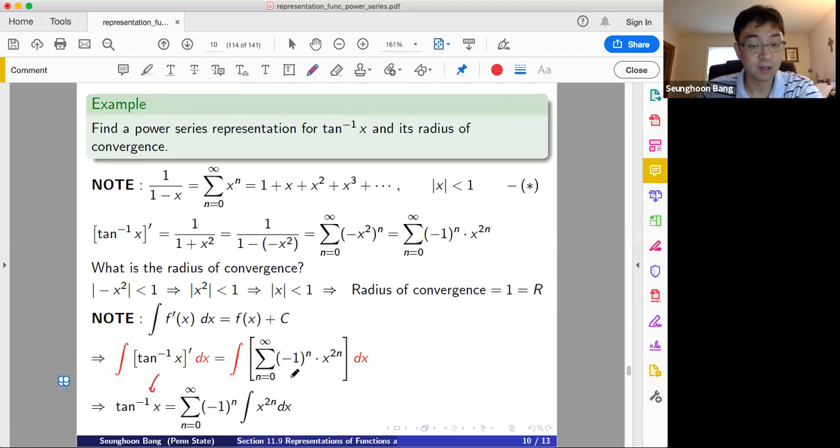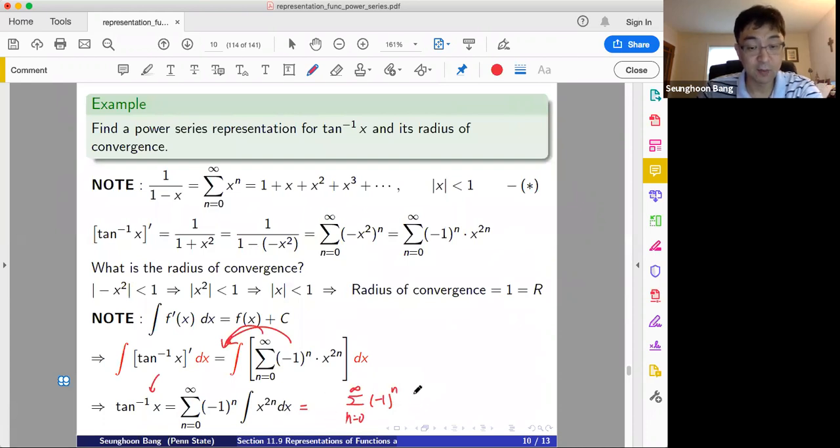Next, take out the summation and the coefficient: the summation from n equal to 0 to infinity of minus 1 to the n times the integral of x to the 2n. The same as the summation n equal 0 to infinity of minus 1 to the power n.